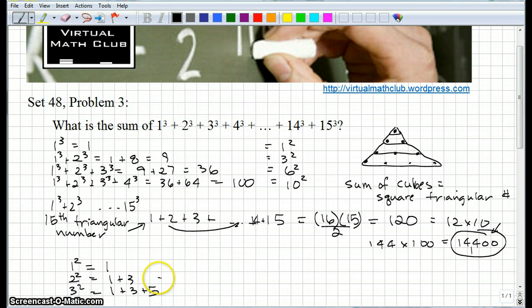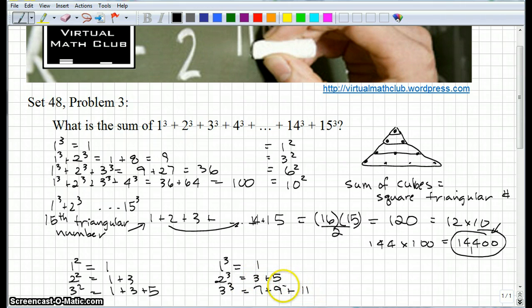Another interesting fact is that the cube of a number is equal to the sum of consecutive odd numbers. 1 is equal to 1. 2 cubed is equal to 3 plus 5. 3 cubed is equal to 7 plus 9 plus 11.